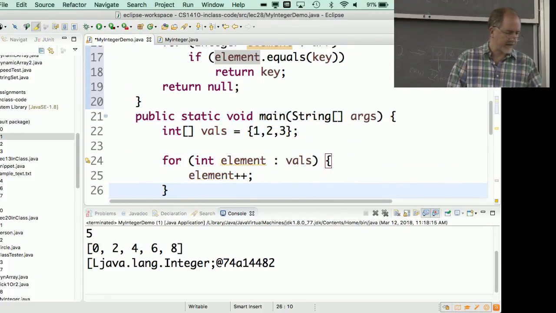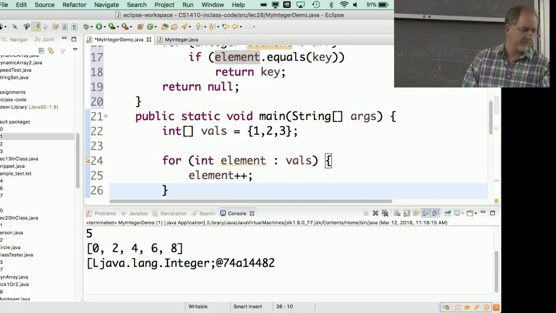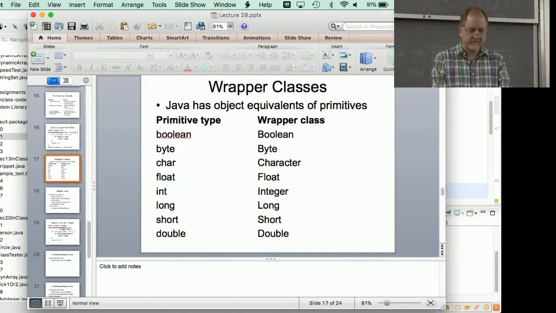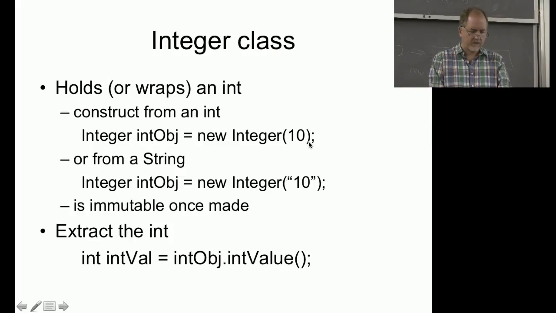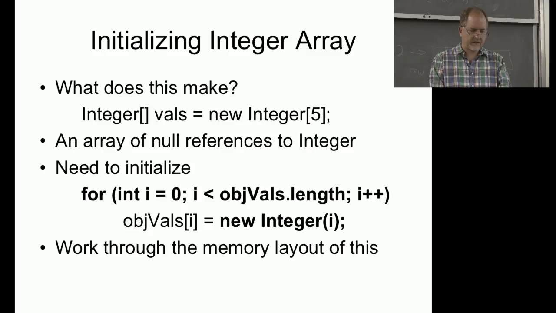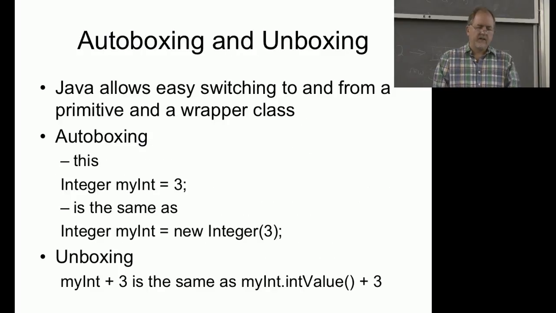Now, these wrapper classes have some kind of weird behavior. Like, I find this to be a very strange concept in some ways. So let's look at this. Integer class, search loop, initialize that. These wrapper classes have something called autoboxing and unboxing. And, I don't like it, to be honest. I just don't really like it.